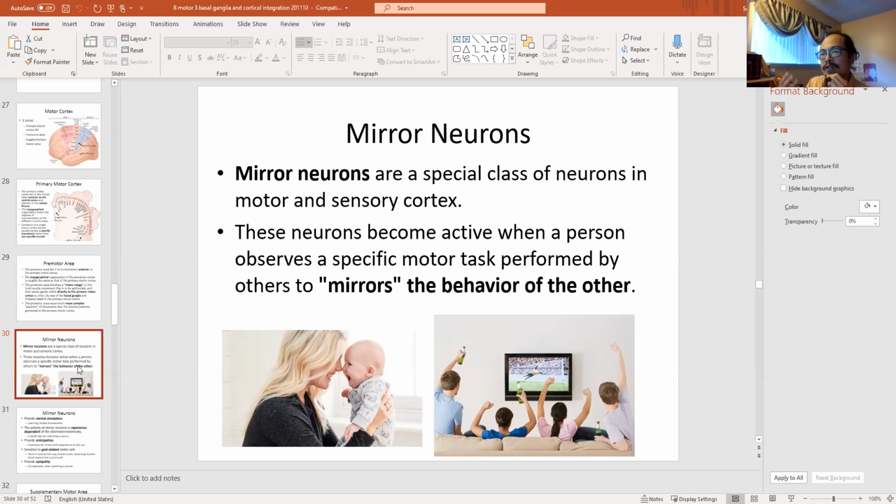So having experience before is important to build the mirror neuron to respond to the action that you see.